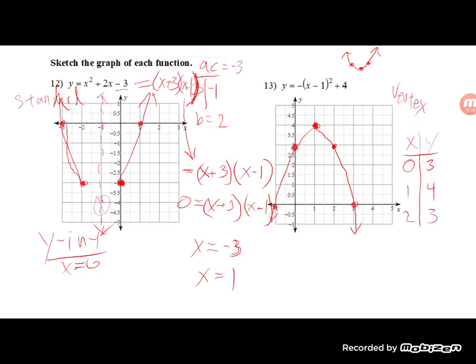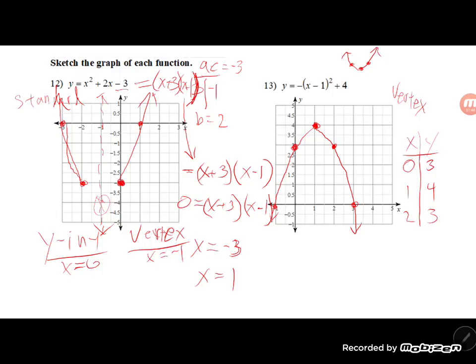At this point I can see that for my vertex, x is going to be equal to negative 1.